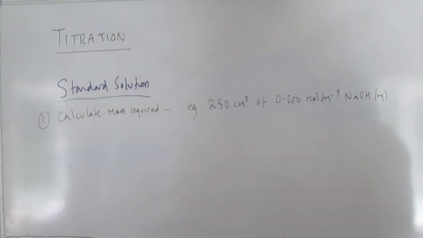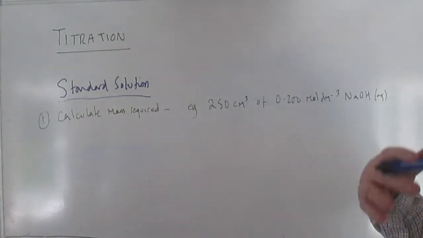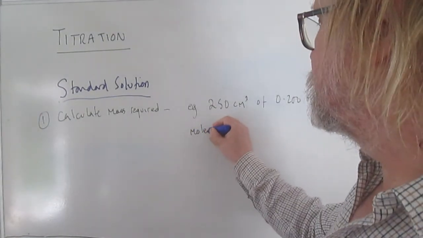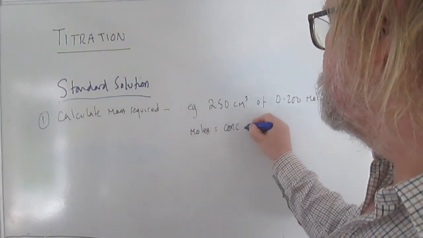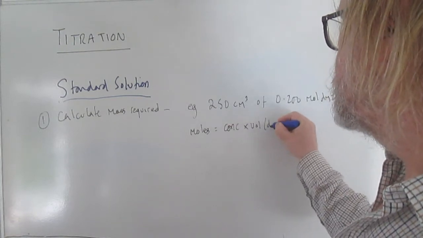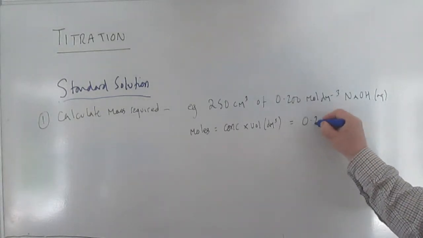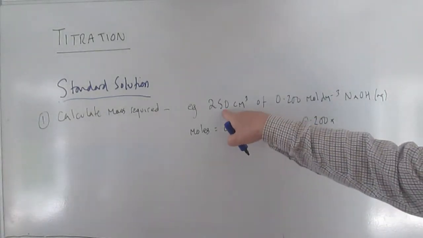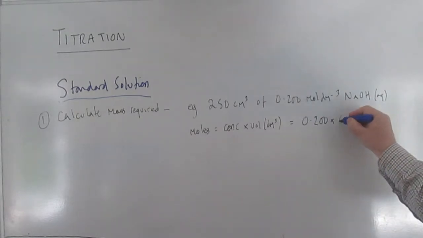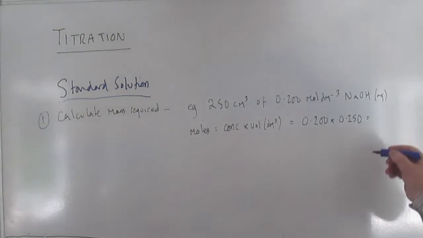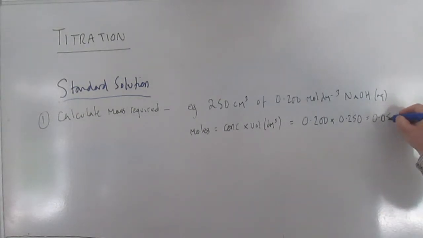So obviously what we've got to do is to calculate how many moles of sodium hydroxide we need, then we can turn that into a mass, and then we can measure out that mass. So we get moles, here's concentration times volume in dm cubed, which is 0.200 times 250 cm cubed. Remember, you have to divide by 1000, so that's 0.25 dm cubed, which is 0.05 moles.